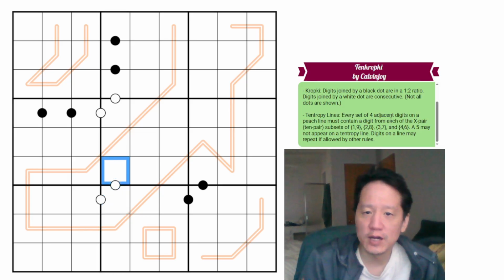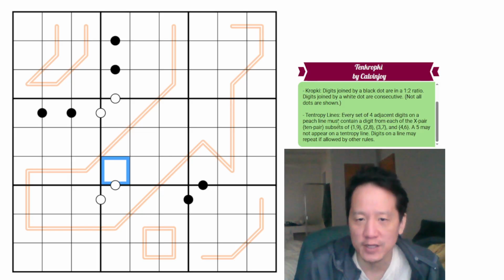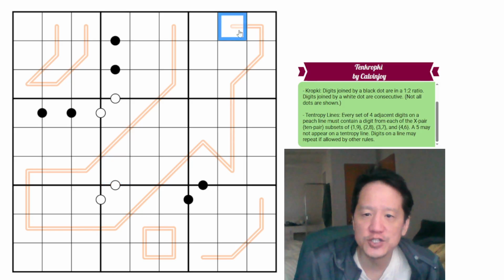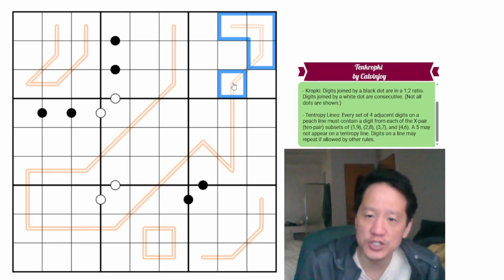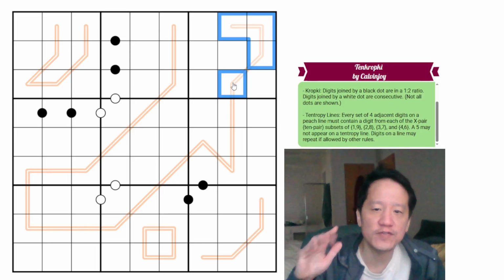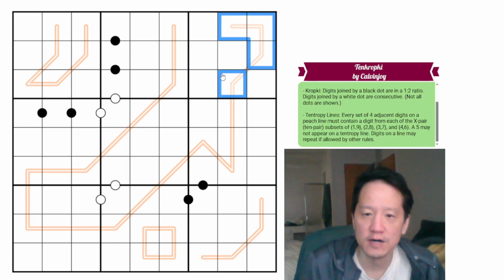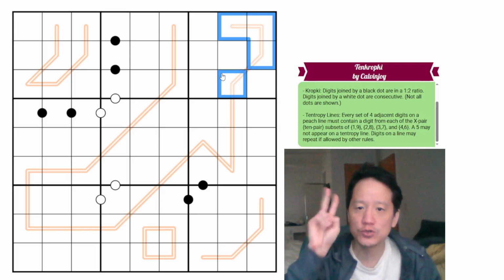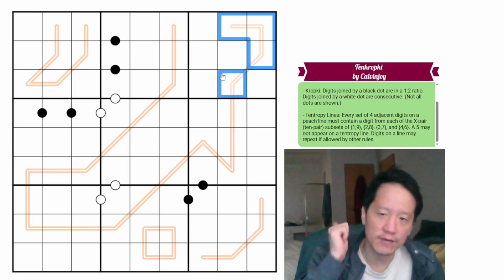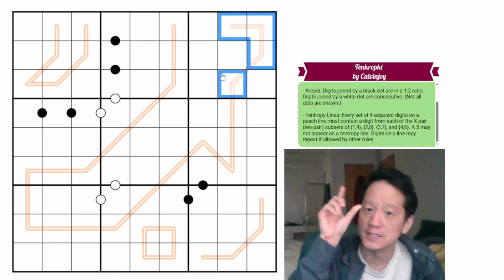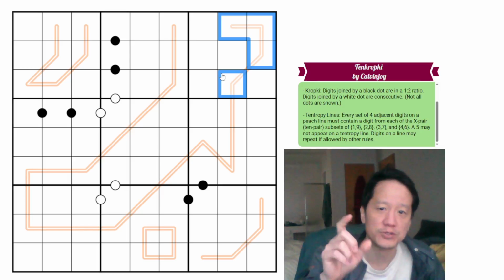And we also have Tenkropki lines, where every set of 4 adjacent digits on the peach line must contain a digit from each of the X or the 10 pairs, subsets of 1, 9, 2, 8, 3, 7, and 4, 6. So you notice that these sets add up to 10. That's why they're called 10 pairs here.